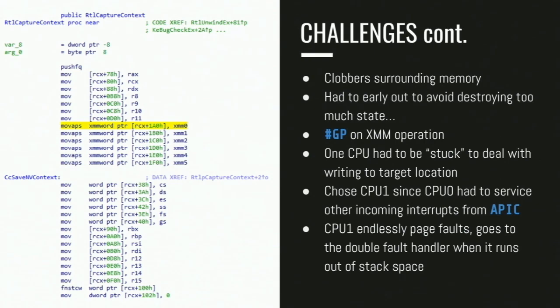In this particular case, we wanted to attack g_CiOptions, which is the code integrity variable in Windows, because we want to load a driver. But at the same time, we don't want to continue the bug check process, because that would completely destroy system state, and by the time we actually run kernel code, recovering the entire system would be very difficult.